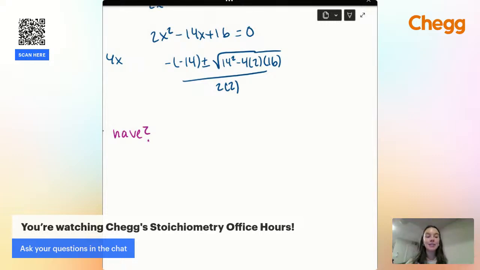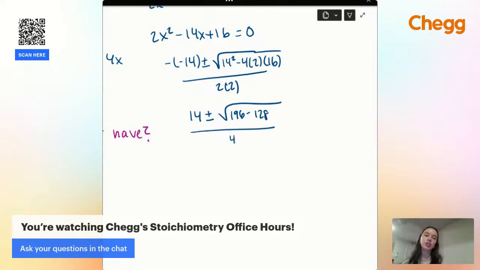So we have negative times negative 14. We're going to get a positive 14 plus 14 squared, which I think is 196, but I'm going to put it in the calculator just to be sure. So 196 minus 4 times 2 times 16, which is 128, over 2 times 2, which is 4. 14 plus or minus the square root of 196 minus 128.